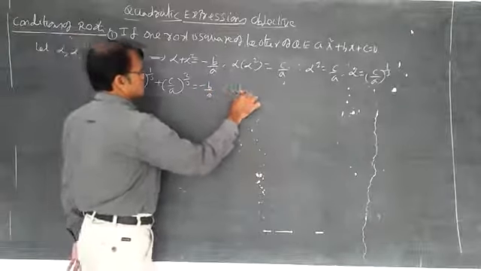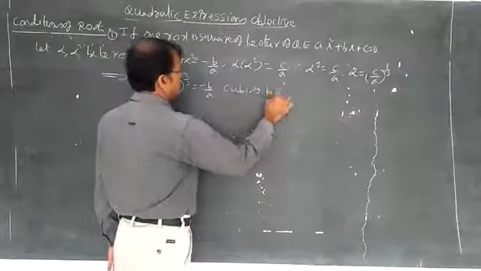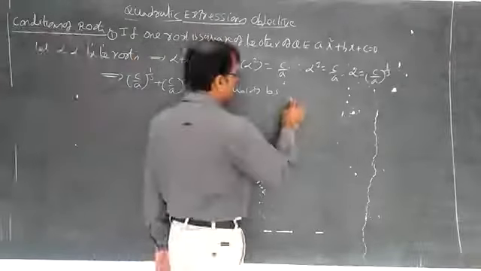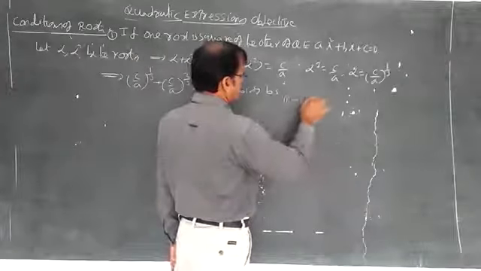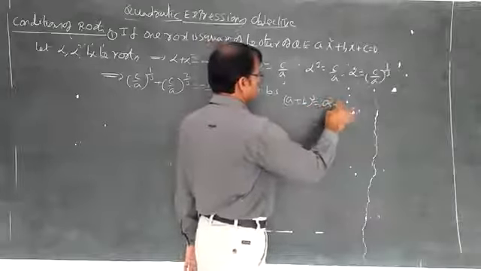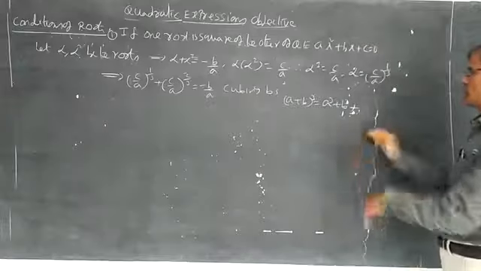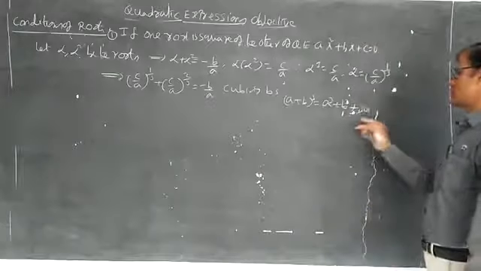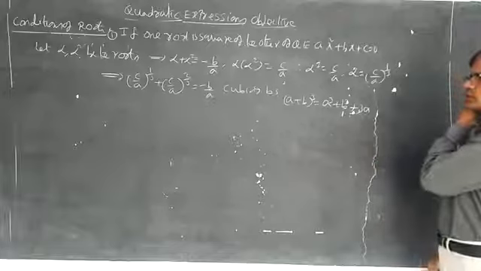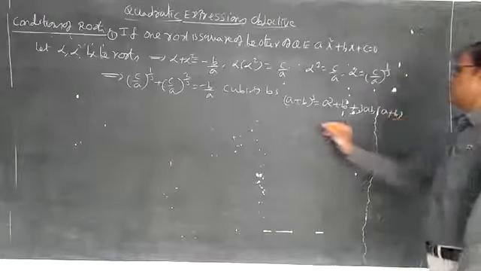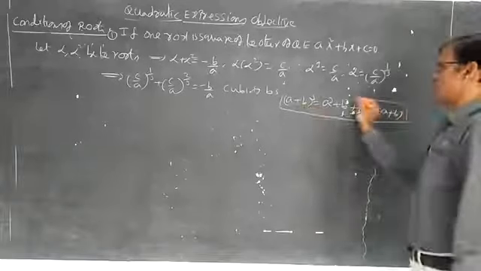Let us do cubing on both sides, and remember the formula: a plus b whole cube is equal to a cube plus b cube plus 3ab into a plus b. Better to use this formula.